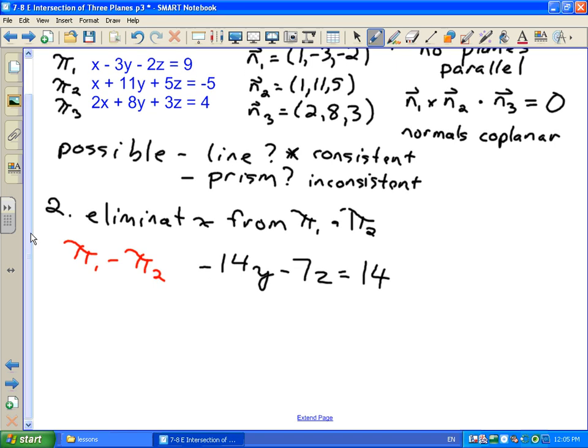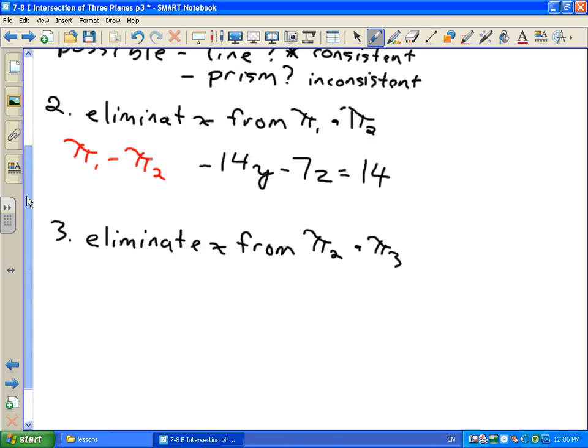So I've eliminated x from two of my equations. I'm going to pick a different two and eliminate x from them as well. So let's say step 3. Eliminate x from, which ones are we going to pick here? I'm going to pick the ones that I did in my notes here. So I'm going to do 2 and 3. Okay, so plane 2 and plane 3. This is a little bit trickier.